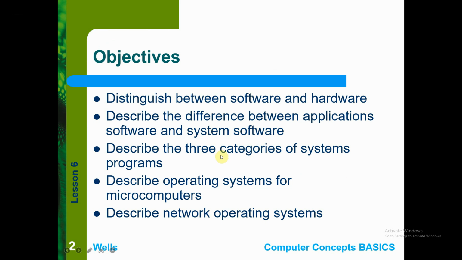And also describe the 3 categories of system programs, as well as describe the operating systems for microcomputers and also the NOS or the network operating systems nga ginagamit with a group of computers or those who are connected to a particular network.